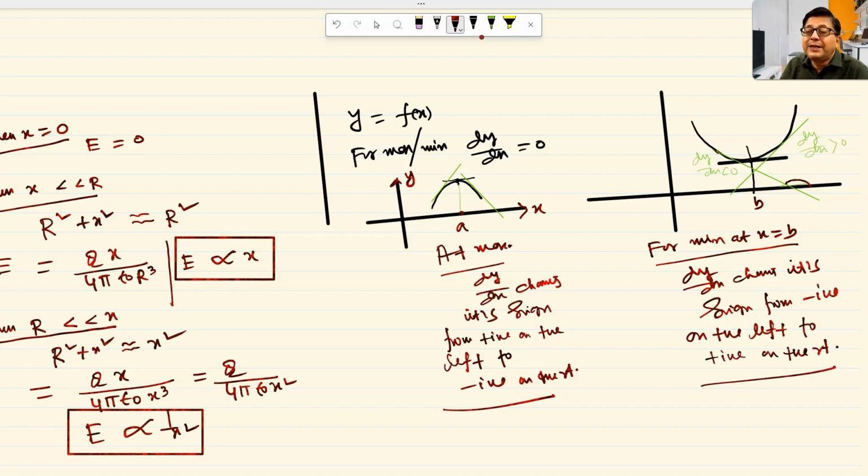Dy by dx changes its sign from negative on the left to positive on the right.